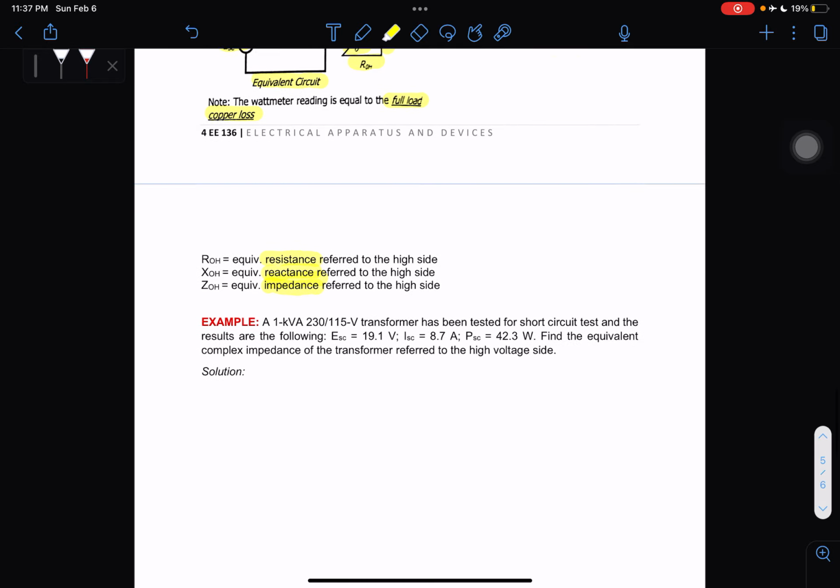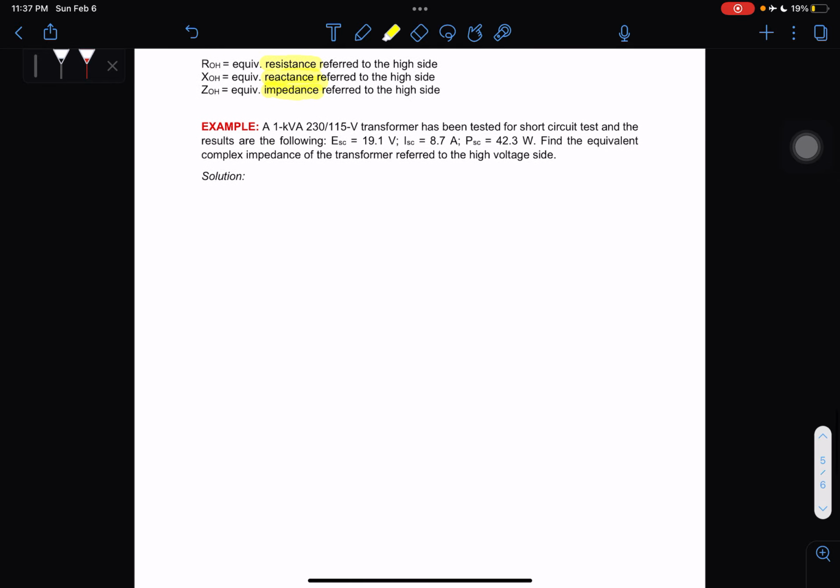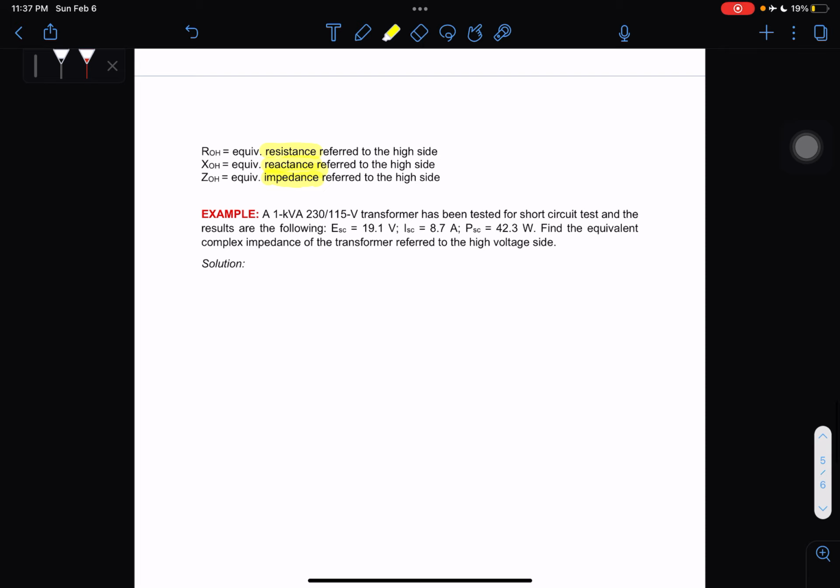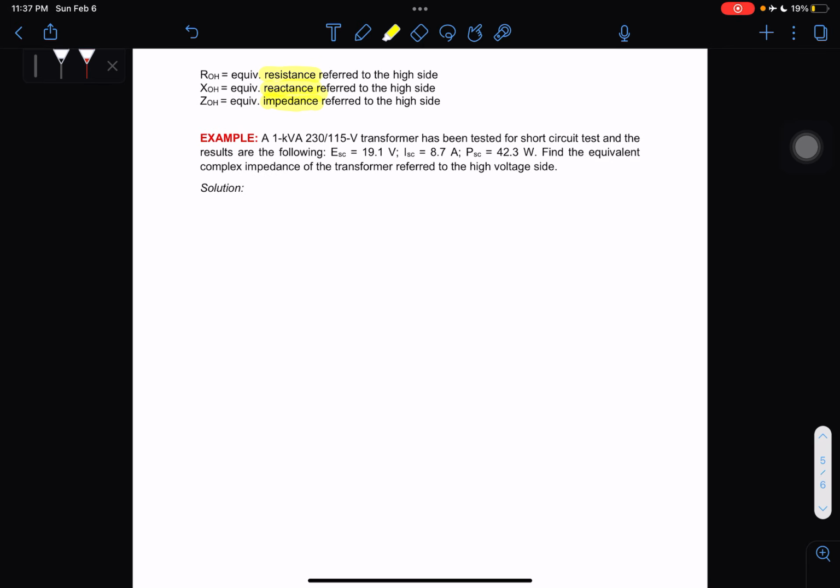Let's add an example for this last topic of our module number 2 for our prelim. We have a 1 kilovolt-ampere, 230/115 volts transformer that has been tested for the short circuit test, and the results are the following: ESC is 19.1 volts, ISC is 8.7 amperes, PSC is 42.3 watts.